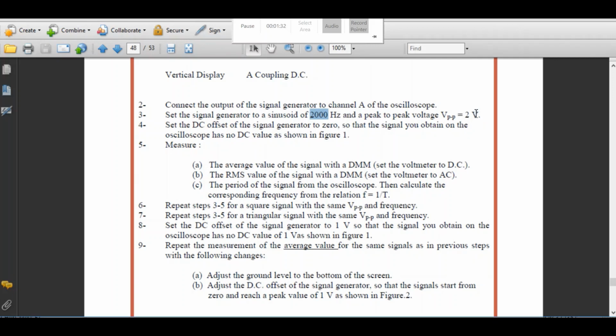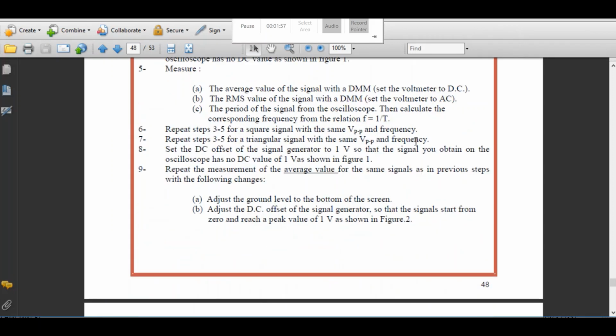In experiment number 7 we saw that the function generator takes only the peak value, not the peak-to-peak. Since we have 2 volts peak-to-peak, the peak value, from 0 to maximum, will be 1 volt, so we have to set it to 1 volt.